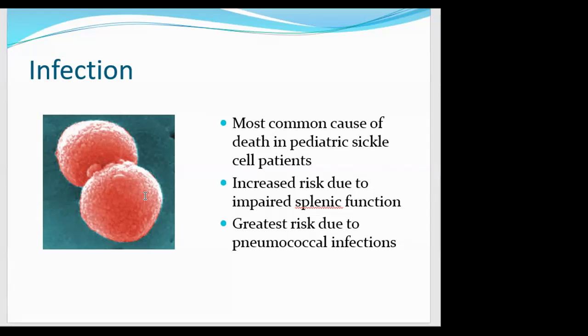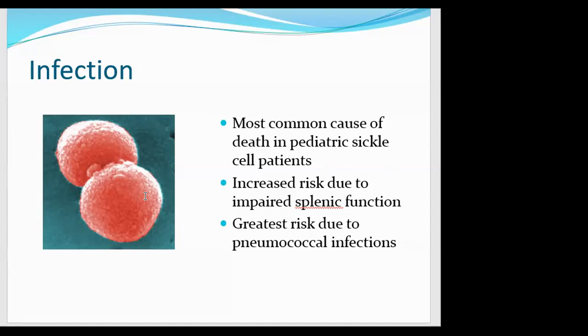And for some reason, with the spleen not working correctly and sickle cells getting clogged up in it, the function is off and it allows encapsulated organisms or bacteria, particularly the pneumococcal bacteria, to get into the body. It doesn't filter it out like it's supposed to. So it gets into the body, and anytime you have bacteria in the body, you could have a chance for sepsis.